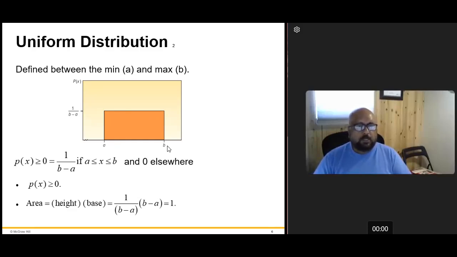The base is B minus A, and the height of this rectangle is 1 divided by B minus A. So the area under this curve is equal to 1, because it's the total probability, 100%. Outside of this shaded area, the probability is 0.